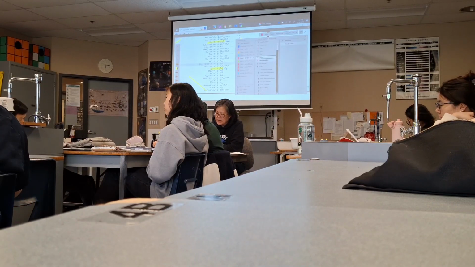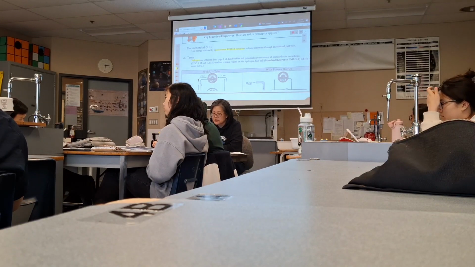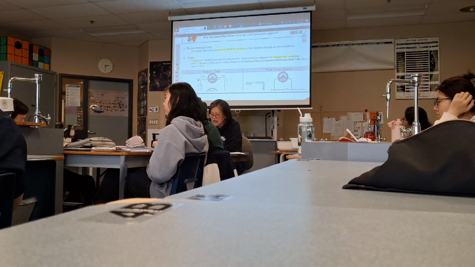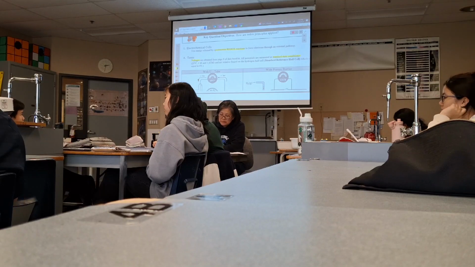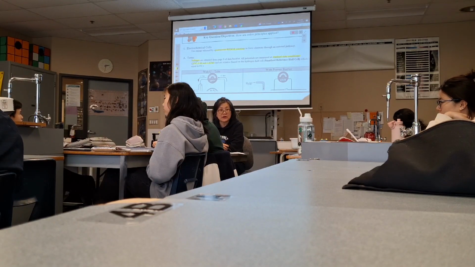When you take a look at this, it says here, all potentials are measured at standard state conditions, which means that it is 25 degrees, 1 molar, and 1 atmosphere.